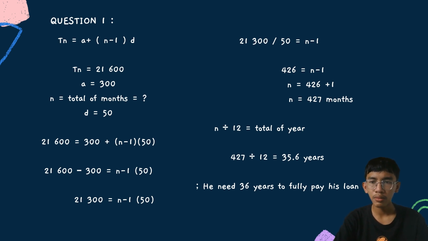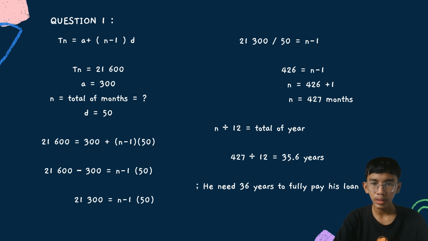From this question, we know that we can use the arithmetic progression formula. We can use the formula Tn equals A plus D in the bracket n minus 1, where A is the first term, D is the common difference, and n is the total months that he needs to pay.